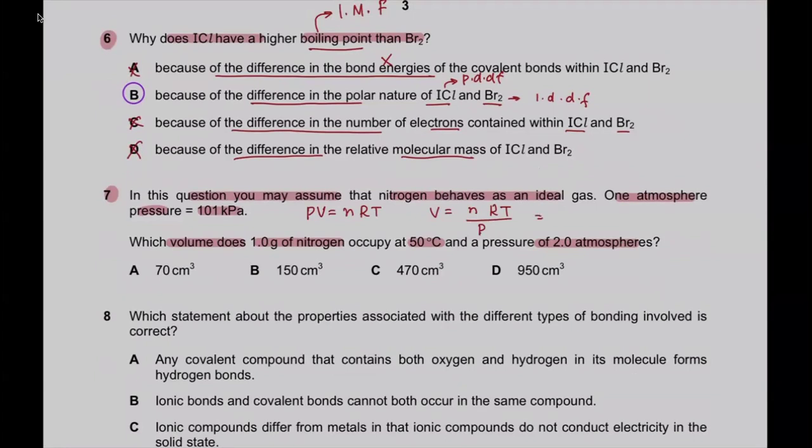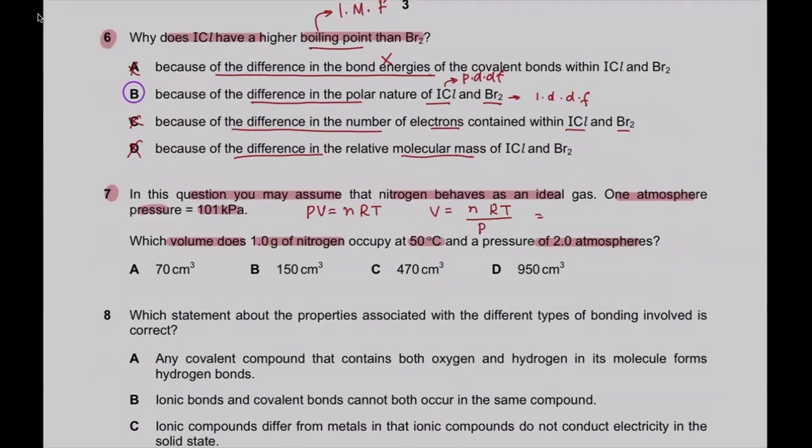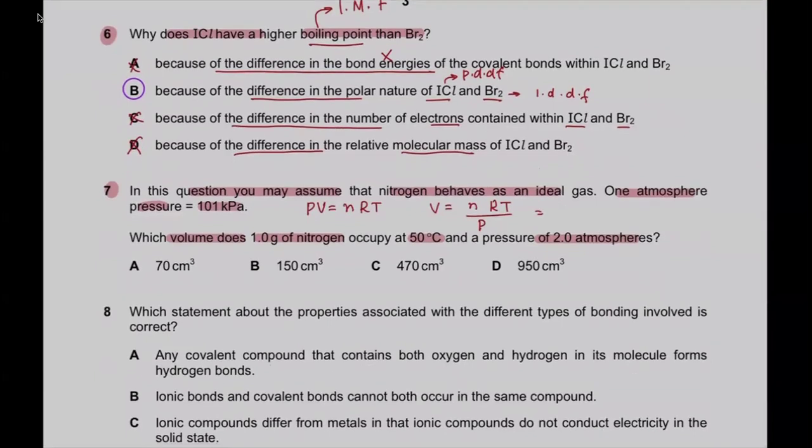For the volume, n is the number of moles. So 1 divided by 28 will give me the number of moles. So it is going to be 0.0357. So 0.0357 times R, the general gas constant, which you will find at the second last page, and it is 8.31.